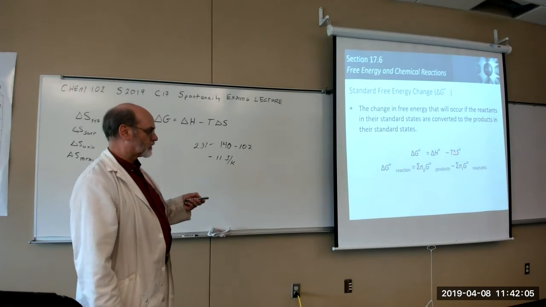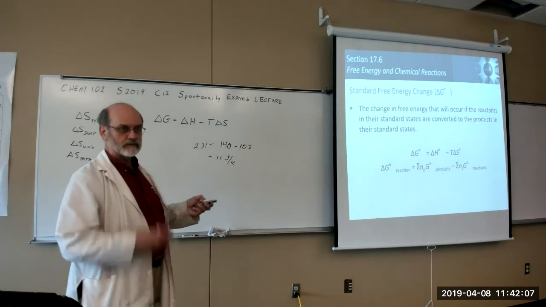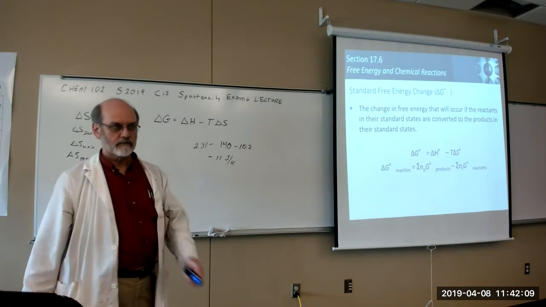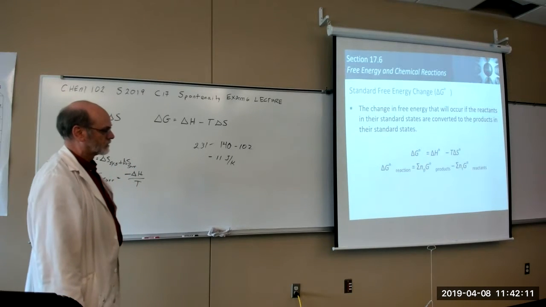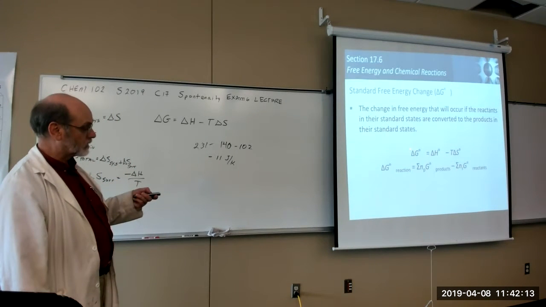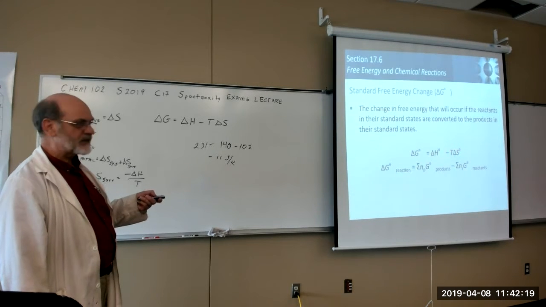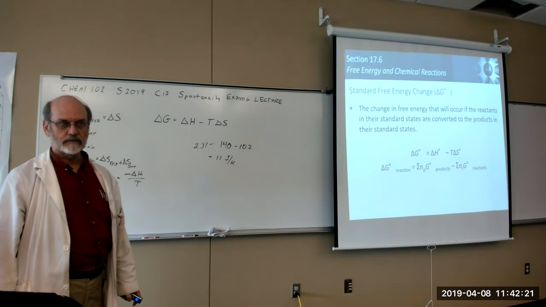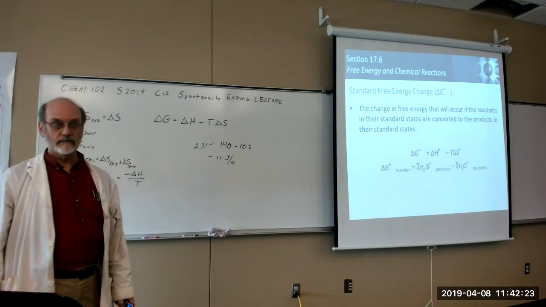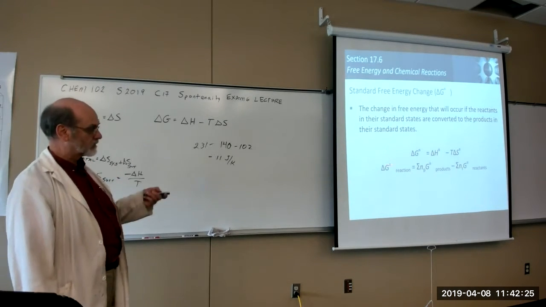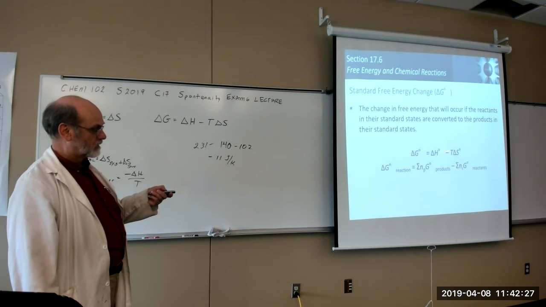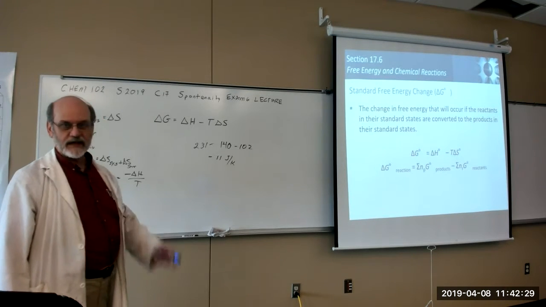There's one unknown. Since these are standard, that T is always going to be 298, isn't it? Under these standard conditions, with the little zeros, standard temperature is 298 K.